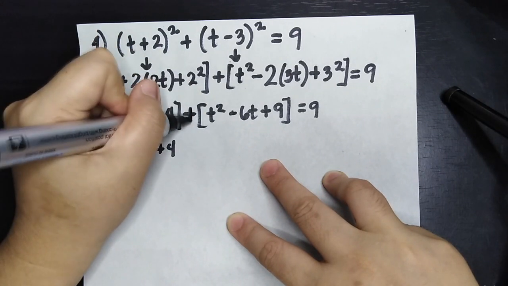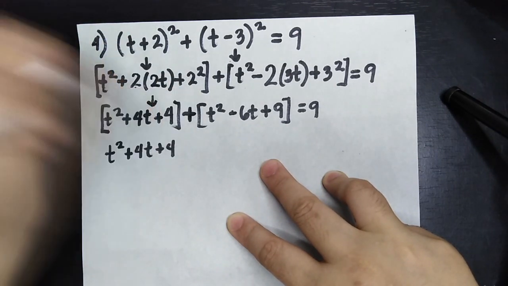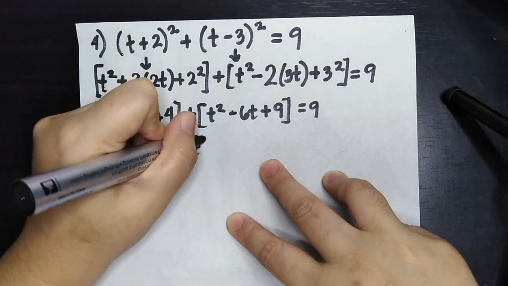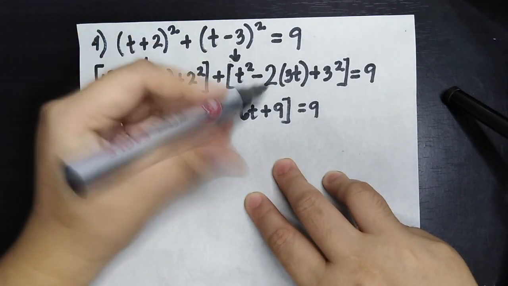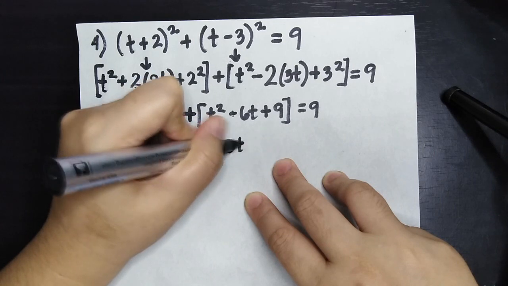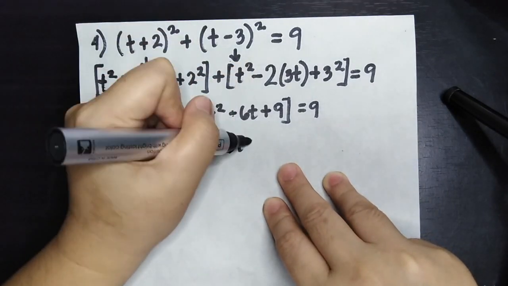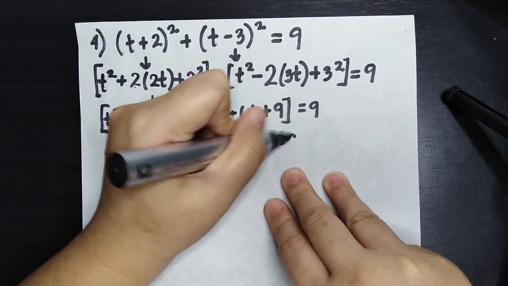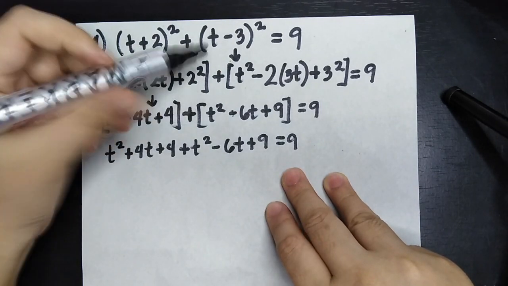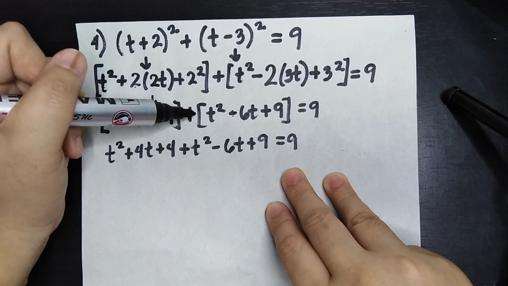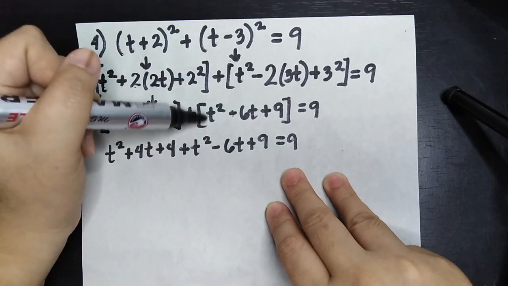So, ito, positive times positive. So, the next is positive t square. Ayan. So, ito, positive times negative. So, negative pa rin. And then, ito, positive times positive plus 9. And then, equals 9.